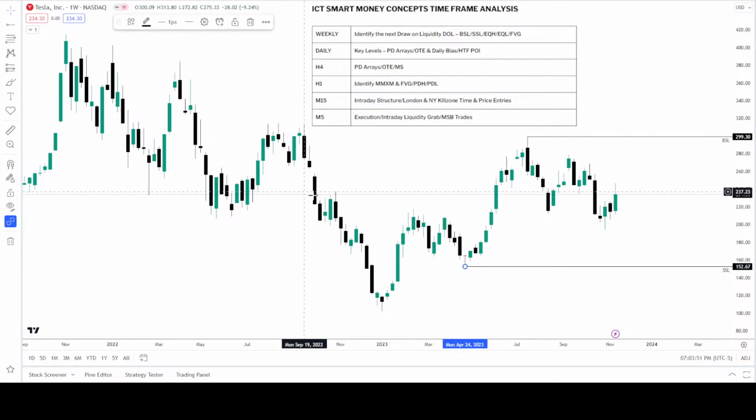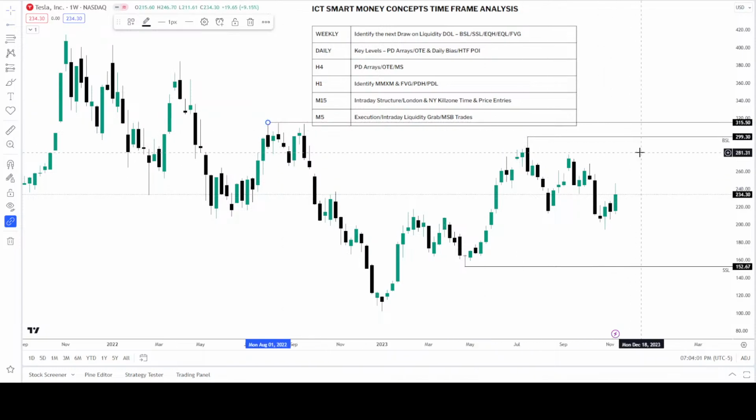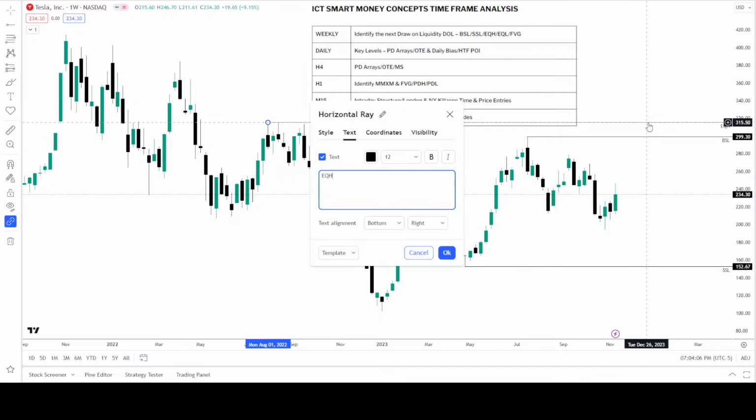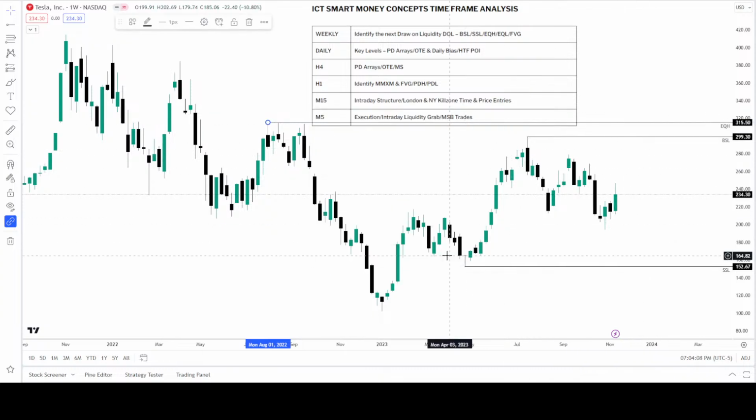Then we're also going to see if there are any equal highs or equal lows on the weekly time frame chart. I do see over here we have some equal highs. Those are higher than the liquidity in the swing high, but we'll go ahead and mark it anyway. Sometimes it's worth marking just to practice, even though we have to take one to get to the next.